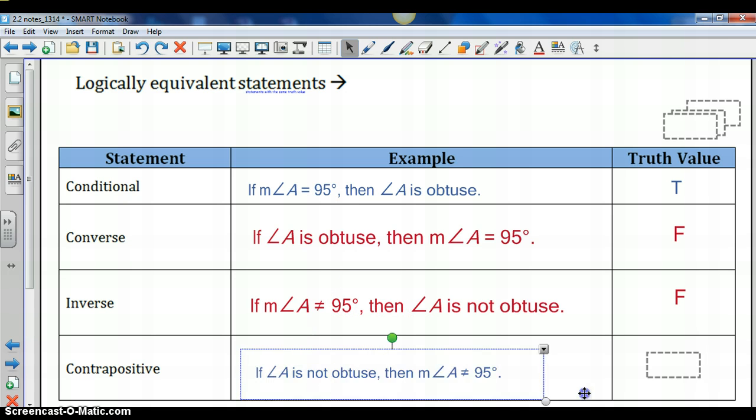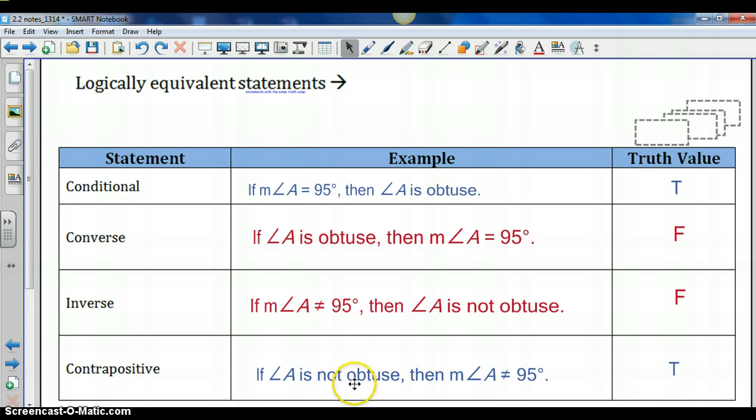So our contrapositive would be stated this way: if angle A is not obtuse, then the measure of angle A is not 95 degrees. This goes back to our original truth value. This is a true statement. You cannot have an obtuse angle, or you cannot have angle A be 95 degrees and it also be obtuse. So this is also true.